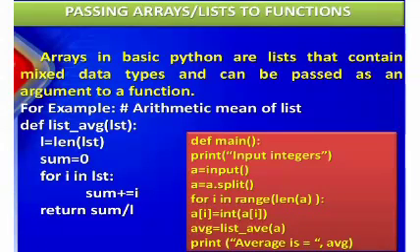For example, here we define the average of a list that contains many values. Then calculate the length of the list, then sum 0, and repeat the loop till the last element of the list, and calculate the sum of every element of the list.